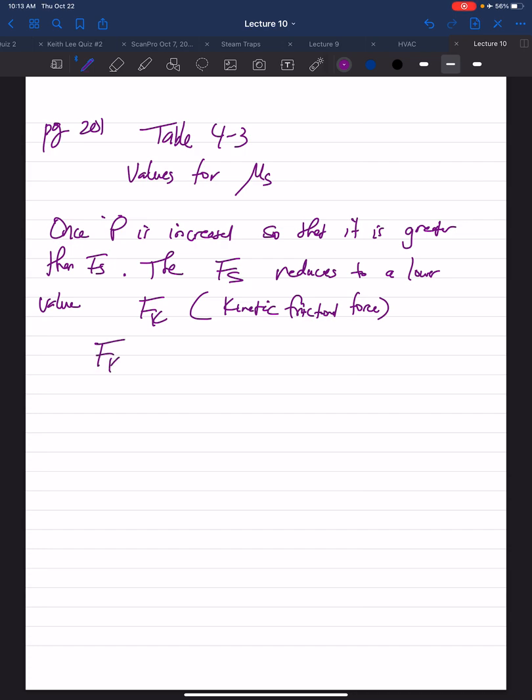The kinetic force, once again, is related to the normal force by mu sub k, which is the coefficient of kinetic friction.